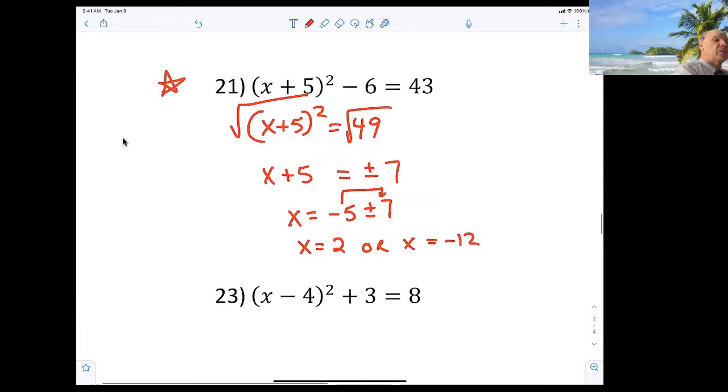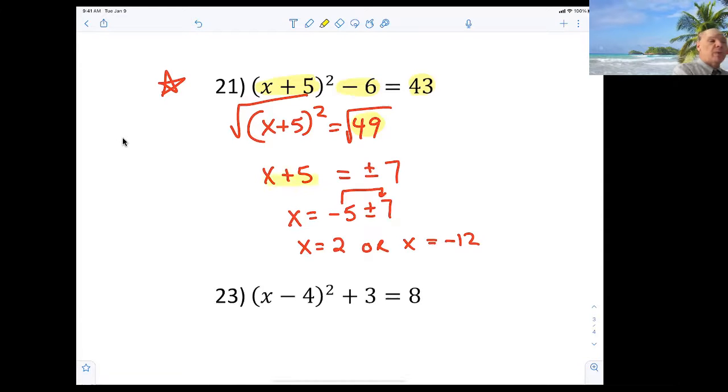Still isolating the square, I added 6 to both sides and got 49. To undo a square, I do a square root. When I say what's the square root of 49, you normally would say 7, but because we're doing an equation, it is plus or minus.